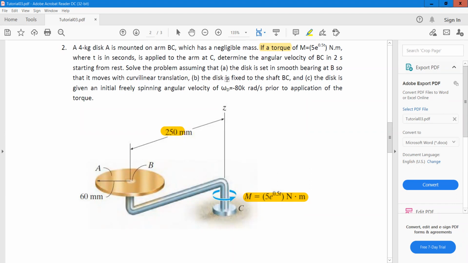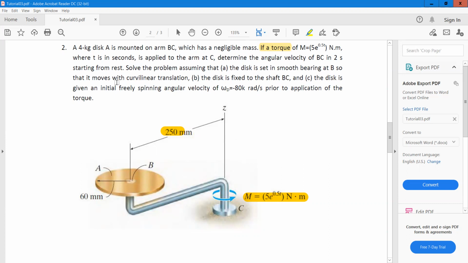For part B, the disk is fixed to the shaft BC. It means that, for example, here we have a welded joint. So in this case, when this disk is rotating about axis z, when you write the angular momentum, we will have an angular momentum due to its mass center velocity, and also an angular momentum due to its rotation about axis z.